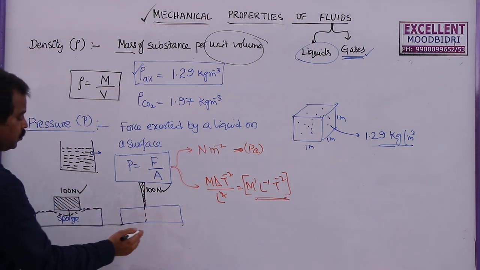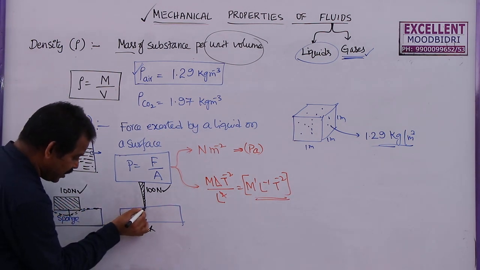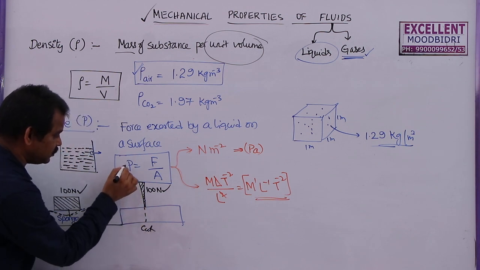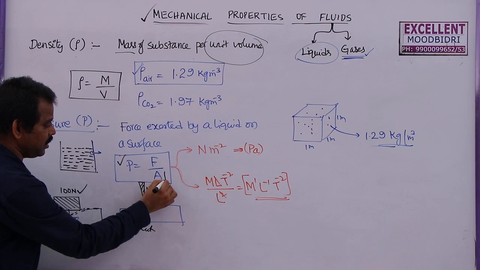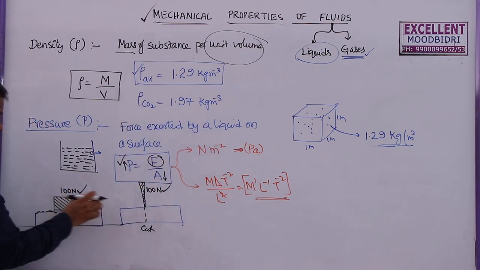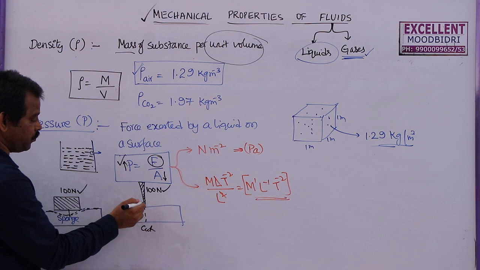But why is it able to cut this one and why is it not able to cut this sponge into pieces? The reason is, whenever the area in which it is in contact with the surface is less, the pressure created will be more, for the same force. That means the same force is doing two things here. It is showing one type of property here and another type of property here.